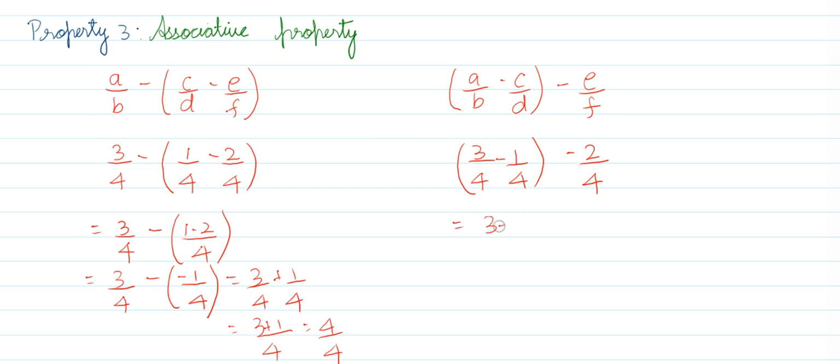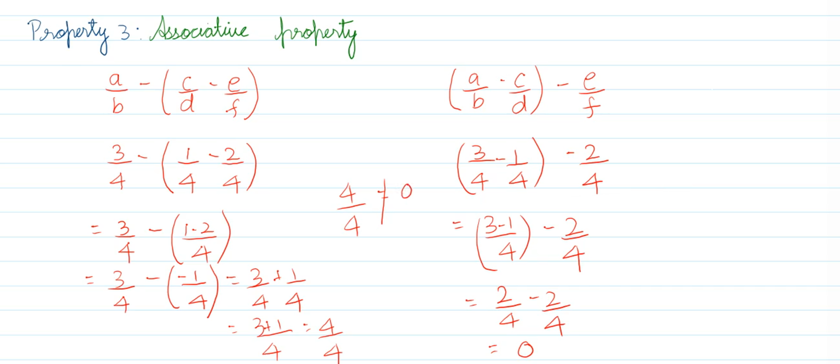So we have 3 minus 1 by 4 minus 2 by 4. 3 minus 1 by 4 is nothing but 2 by 4 minus 2 by 4. So this is equal to 0. 4 by 4 is not equal to 0. Hence, associative property also does not hold good for subtraction of rational numbers.